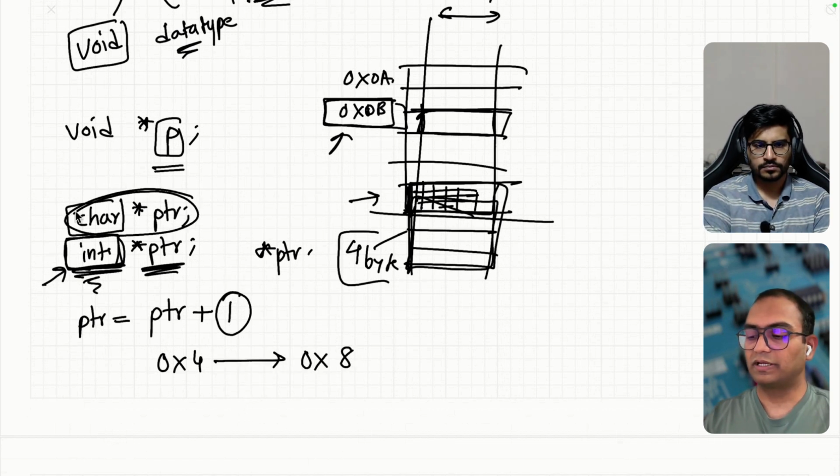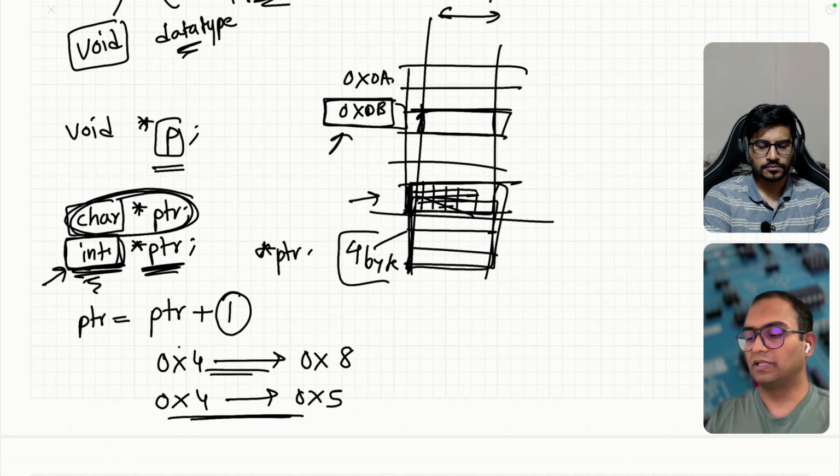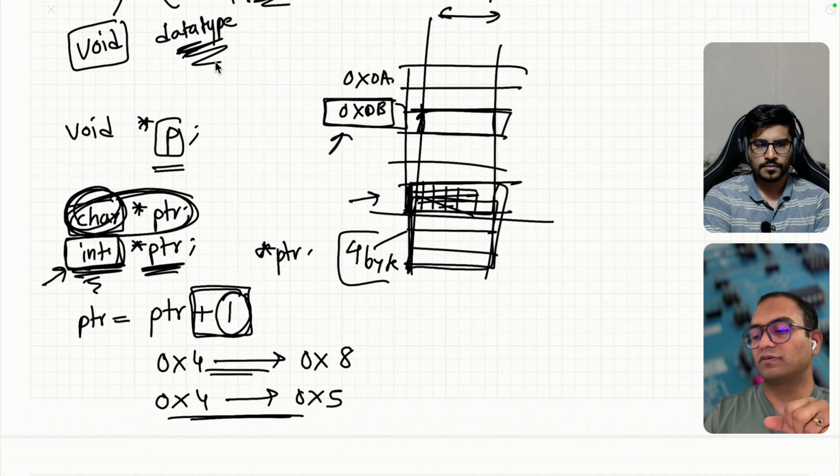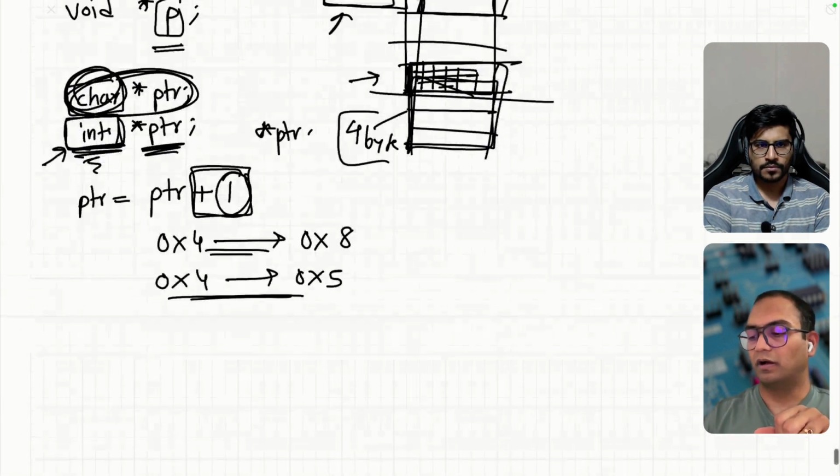But if it was a character pointer, it would go from 4 to 5. This is a very important distinction: based on the data type, plus 1 means skip as many bytes as the data type consumes. And that is the case for data type pointers.